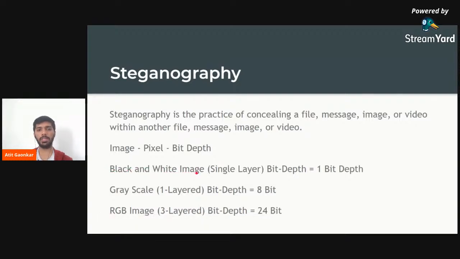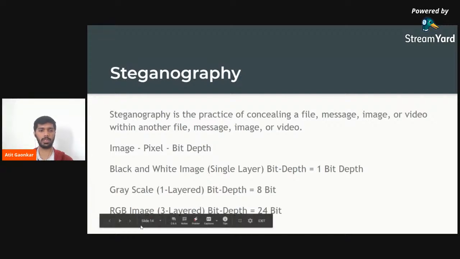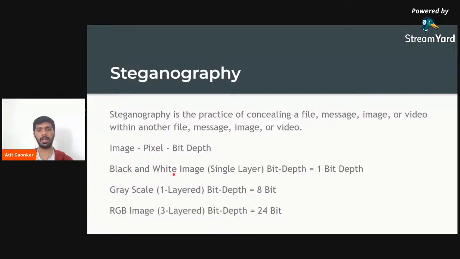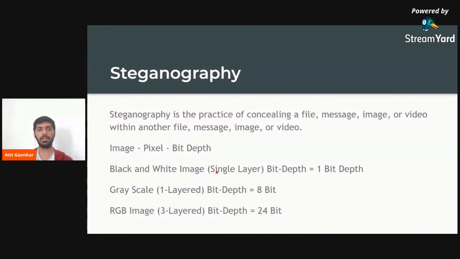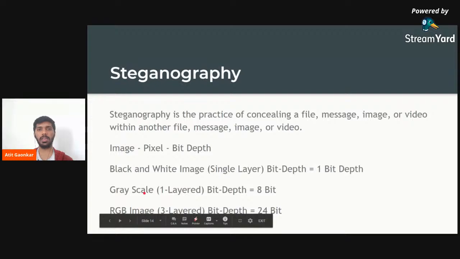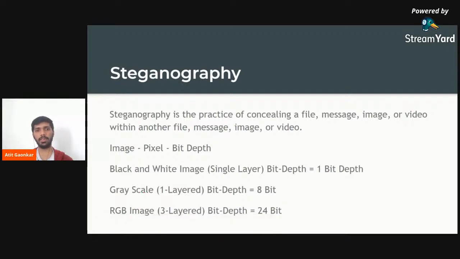Say a black and white image. You should know the difference between a black and white image and a grayscale image. A black and white image has just two colors, black and white, but a grayscale image has multiple shades of black and white.